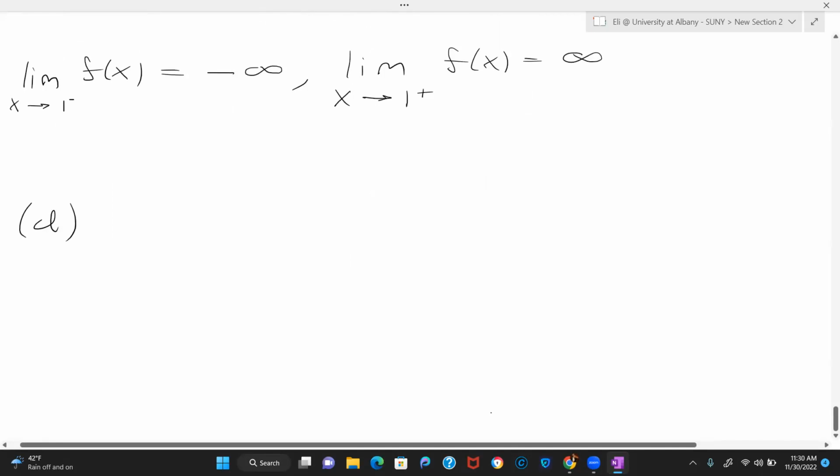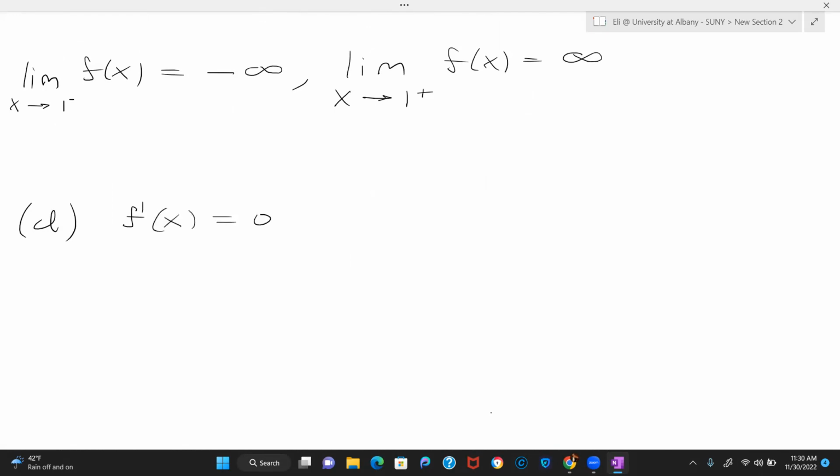Now we have part D, critical points. Critical points are where the derivative is 0 or doesn't exist. So let's just write it out. Set the derivative equal to 0, you get negative 2x over x squared minus 1 squared is equal to 0, and that's going to imply x is 0.